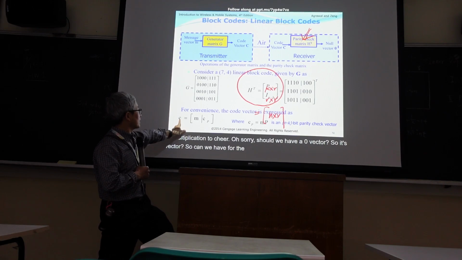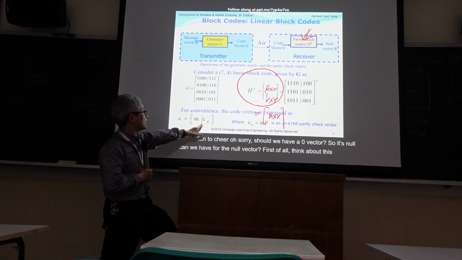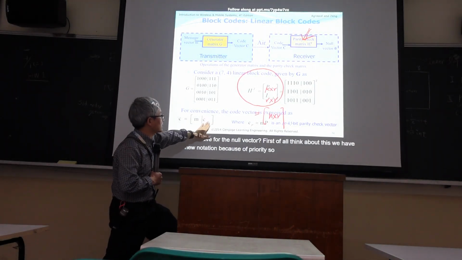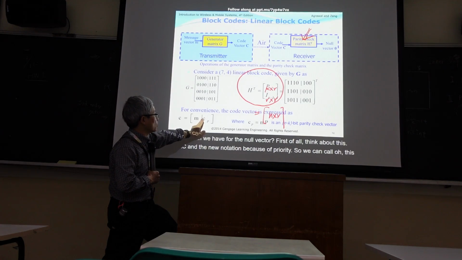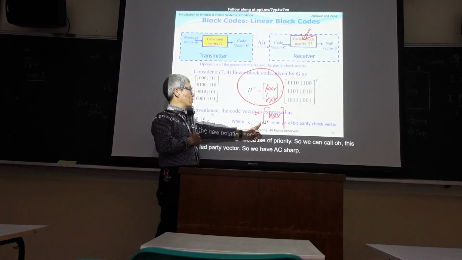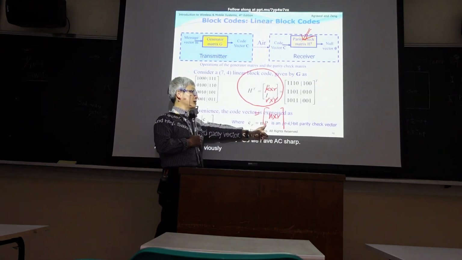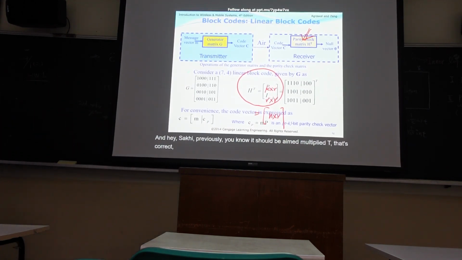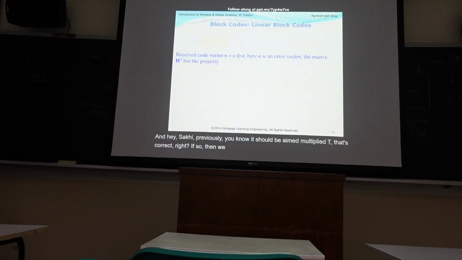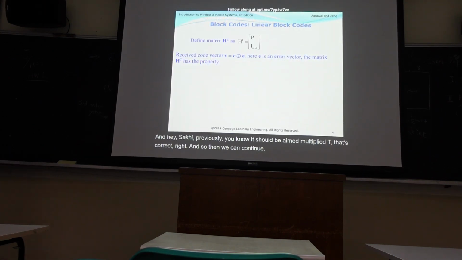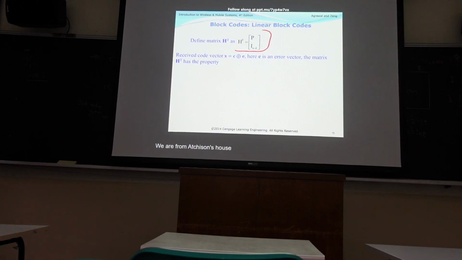First of all, think about this. We have a C and the new notation because of parity. So we can call this a vector. It's called the parity vector. So we have C sub P. And C sub P, previously you know, it should be M multiplied by P. That's correct, right? If so, then we can continue. We have an H transpose, and the H transpose is defined by these.